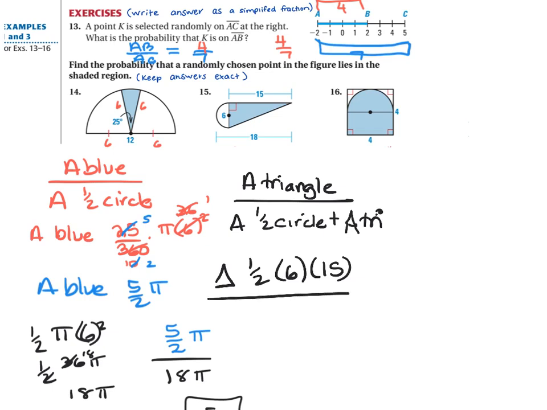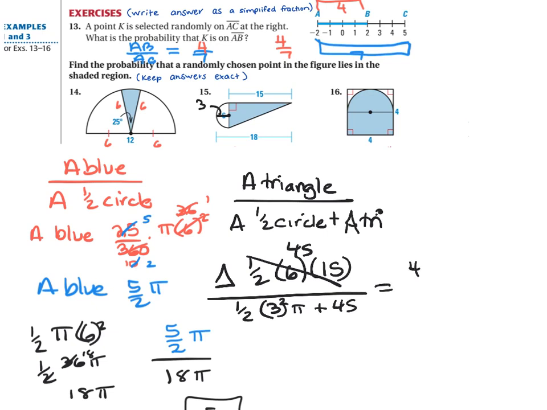And then down here, half of the circle, we can see that the radius, if I take half of 6, which is the diameter, the radius is 3. So 1/2 3 squared pi, that's the circle, plus the triangle. This is actually equal to 45, so plus 45.